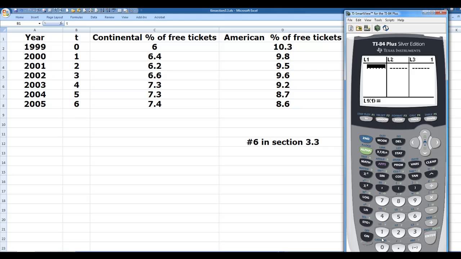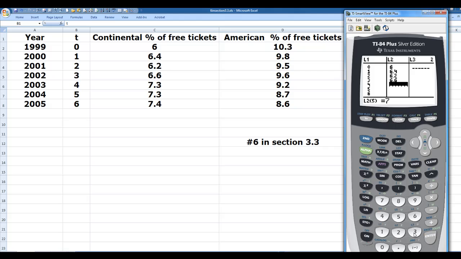Our first column is 0, 1, 2, 3, 4, 5, 6. Bear with me. I can do it separately and then combine them, but since I'm doing work, why not just do it together?